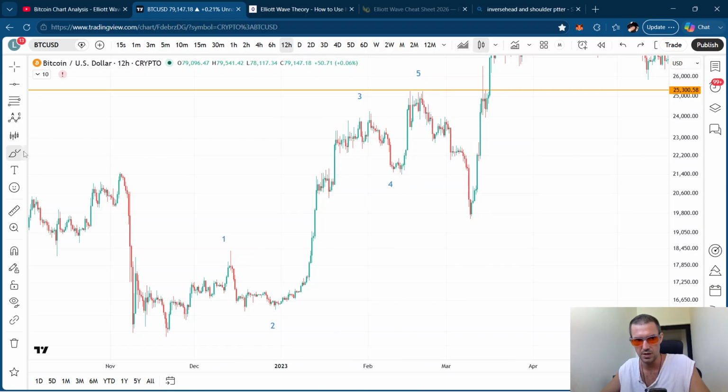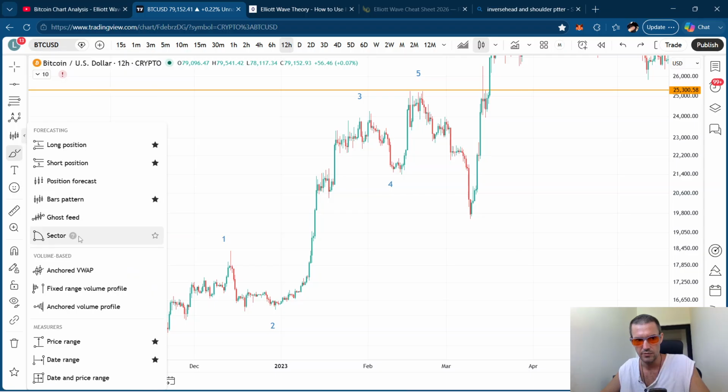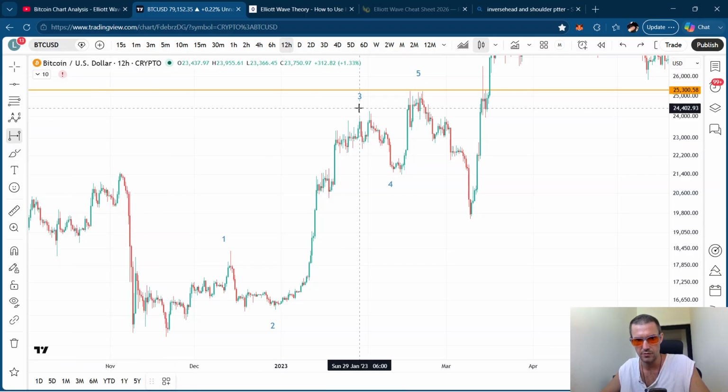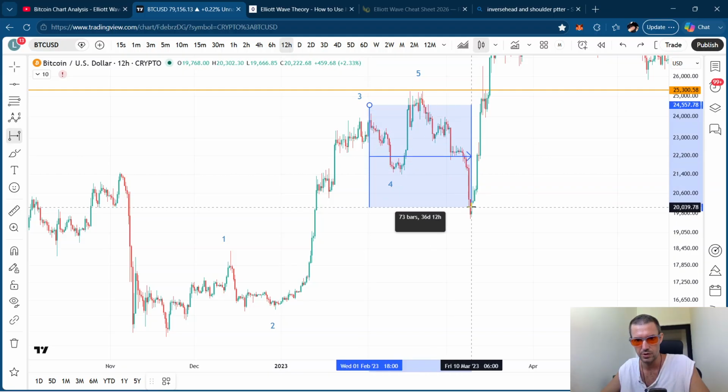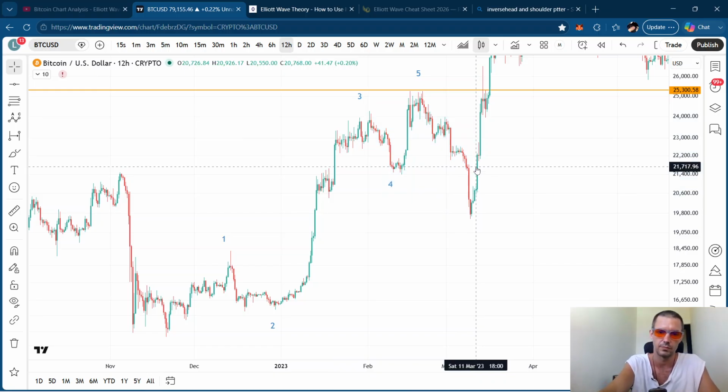This took some time to play out, even after this played out, right? So you have the third wave where it topped to where the other ABC correction bottomed, which took 36 days. So Bitcoin could be floating around here for some time before it decides to go up, okay?